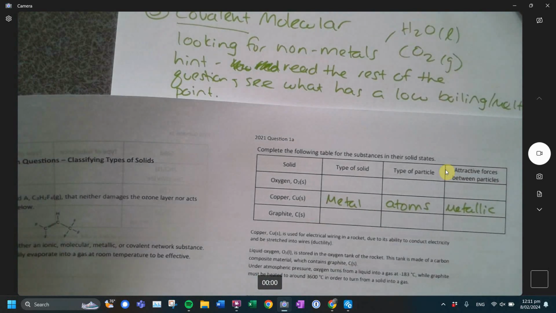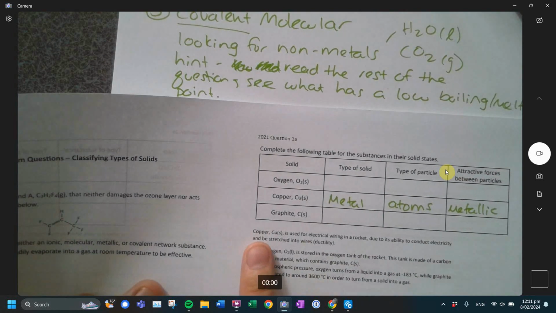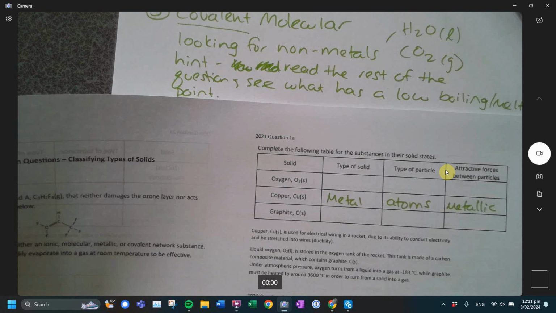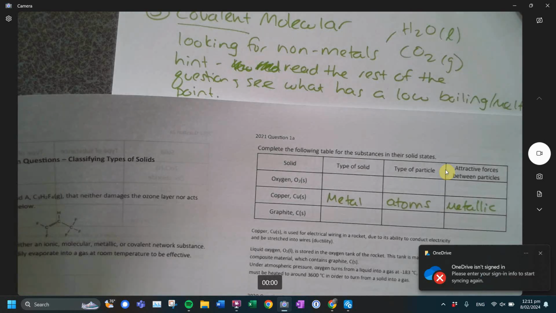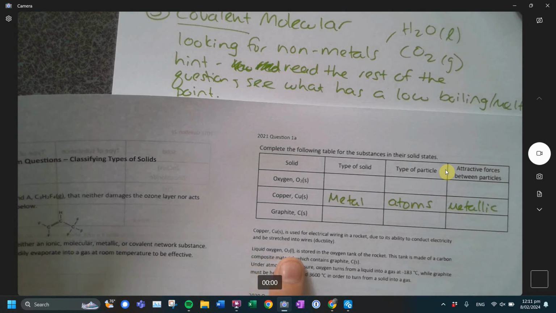So, this one's talking about copper. Copper is used for electrical wiring and rockets due to its ability to conduct electricity and be stretched into wire, is ductile. So you see they're giving you information that can be hints to help you classify. But we already figured out what copper is. So let's figure out the other two. It says liquid oxygen, L, is stored in an oxygen tank of the rocket. The tank is made up of carbon composite, which contains graphite, which is a solid.